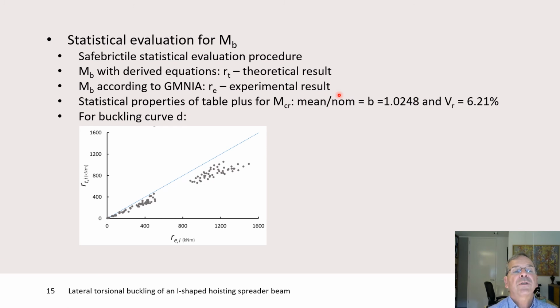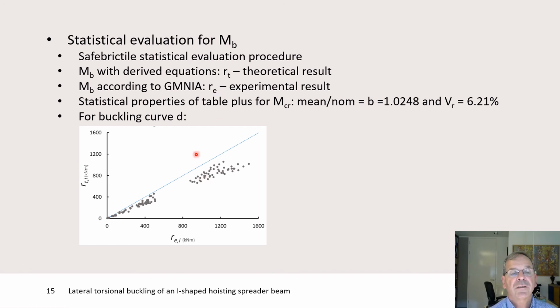Of course, we also here wanted to do a statistical evaluation for the lateral torsional buckling resistance using the Safe Brick Tile procedure. MB now is the theoretical result when we use the equations. MB according to the GMNIA can be seen as the experimental result.